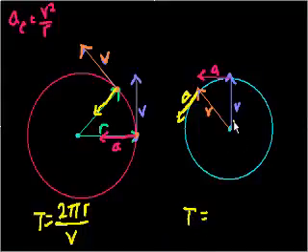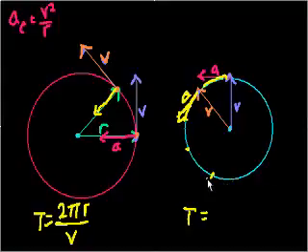And now we're going to say the time is going to be the change in velocity, right? Here in this circle, this is the change in distance, but it's the change in velocity. So here we had this much change in velocity. I know this might be a little bit non-intuitive. Then we have a little bit more change in velocity, a little bit more, a little bit more. So the total change in velocity is just the circumference of this circle.